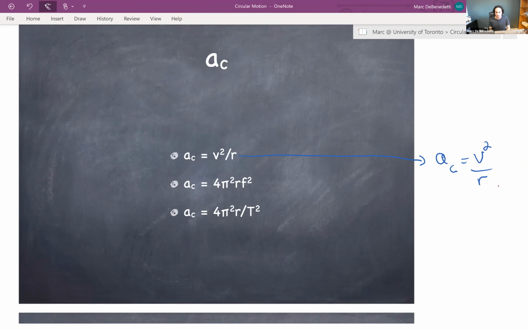It's not like they change the radius of the turn. They've just reduced their speed. So if they reduce their speed and keep r the same, you're reducing the amount of acceleration required to turn that car or to turn that object. So if you reduce the acceleration needed, then if you were in a car traveling slower turning that corner, you wouldn't feel as big of an acceleration, which is why people slow down before turning a corner in a car, because that way you're not thrown to one side of the car.